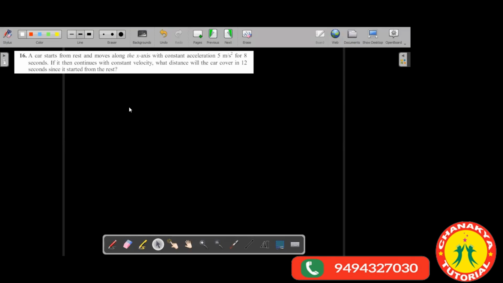Can we use the third equation for this? You can use... you see, the journey is divided into two parts. In the beginning, it starts with rest, initial velocity 0, and it has an acceleration of 5 meter per second square for a time of 8 seconds.